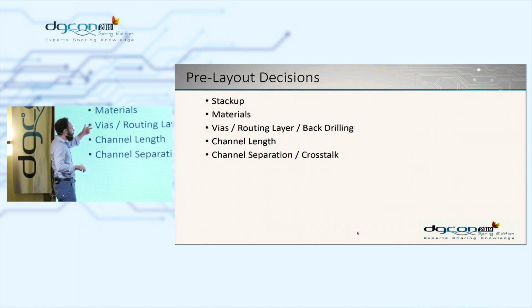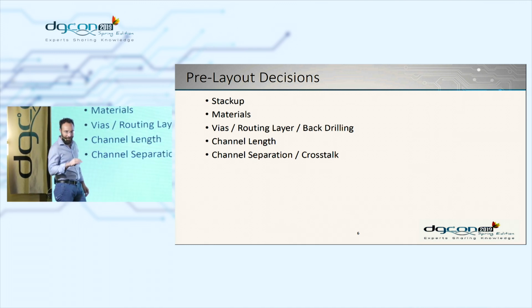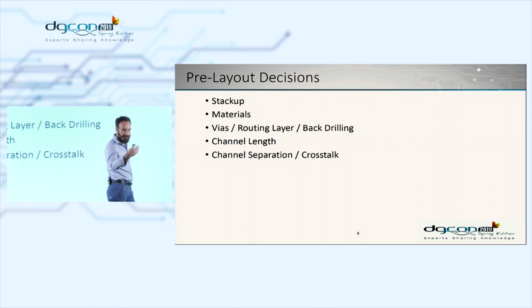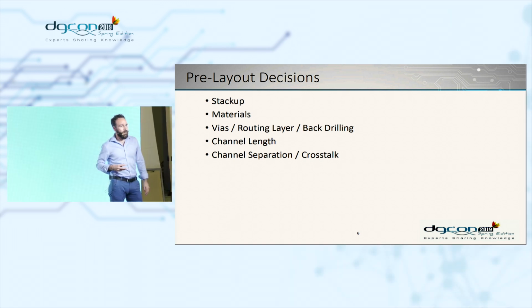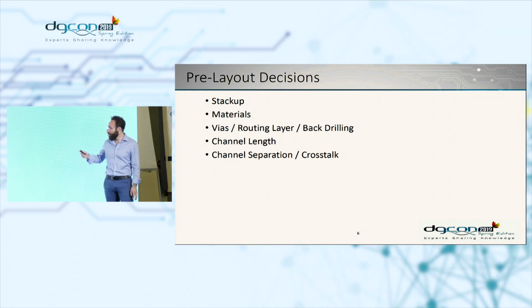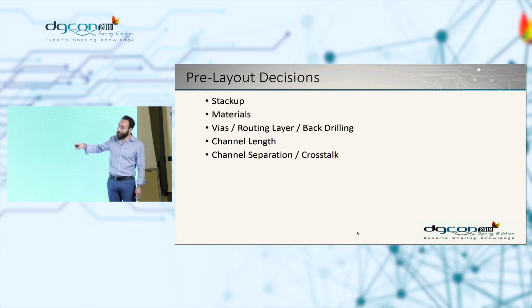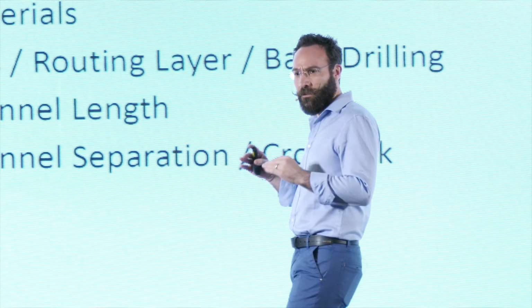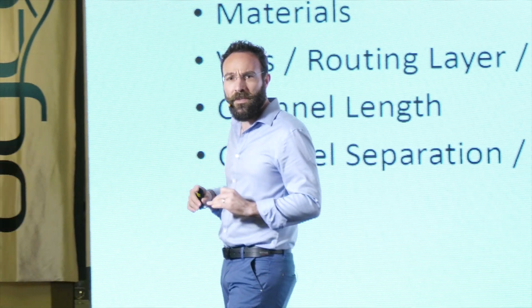Same story, how many vias we should put across the net to avoid skew, signal degradation, or emission problems, and also take care of the back-drilled vias.